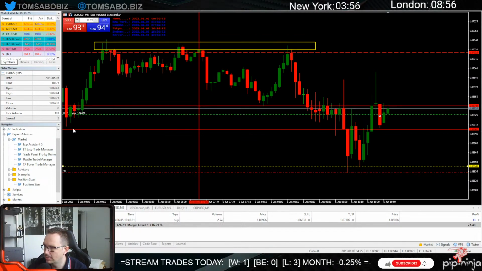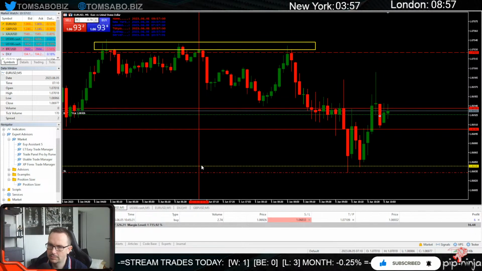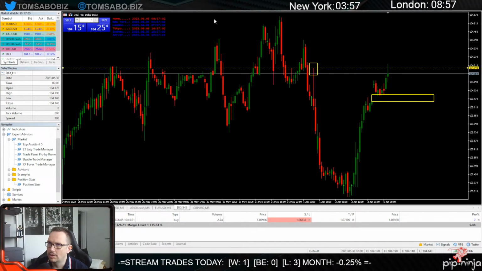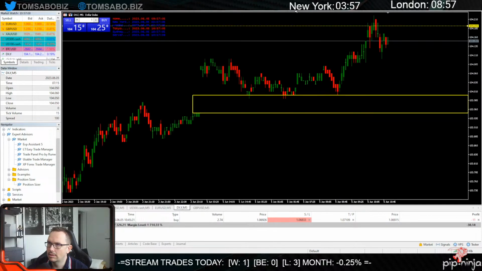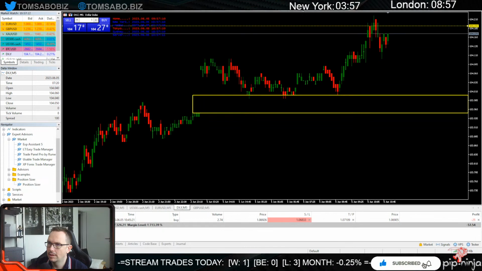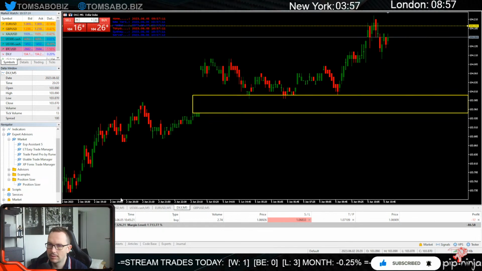And the dollar index could also be edging lower, hopefully, to fill that imbalance.